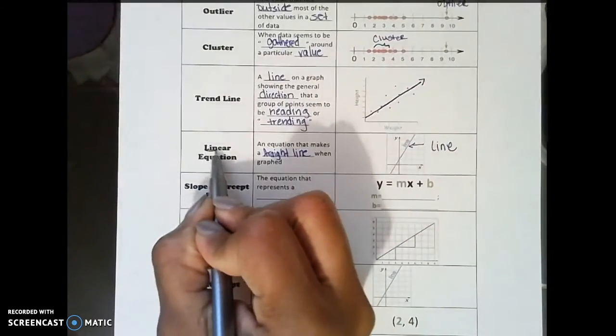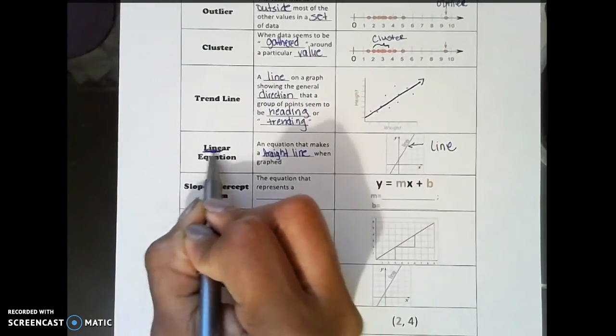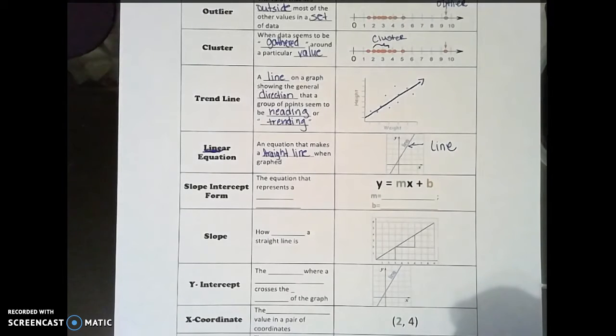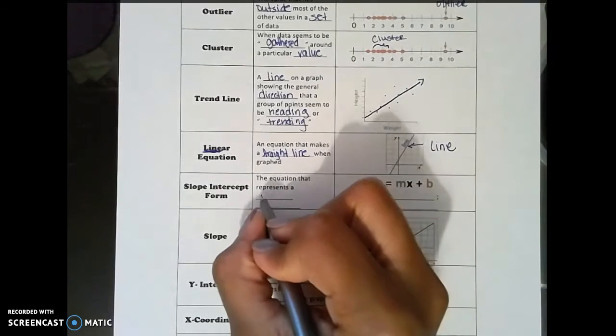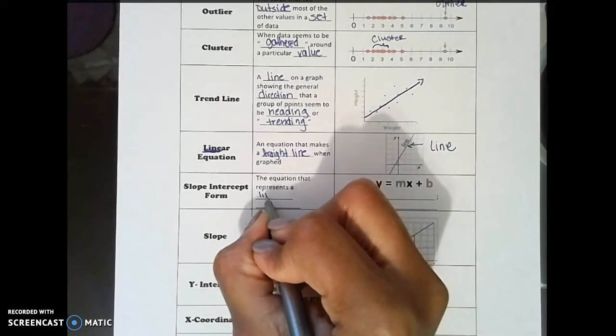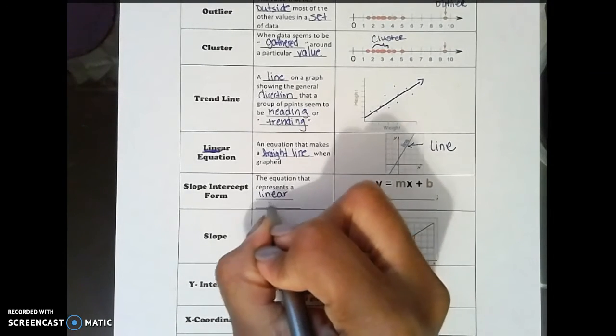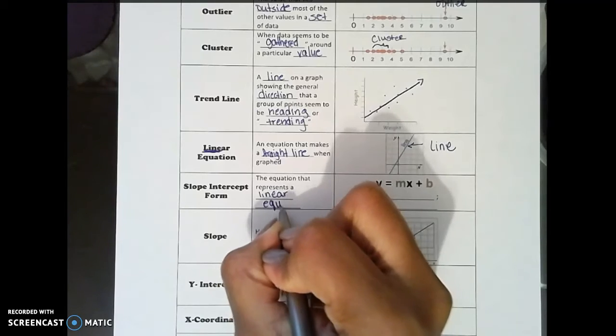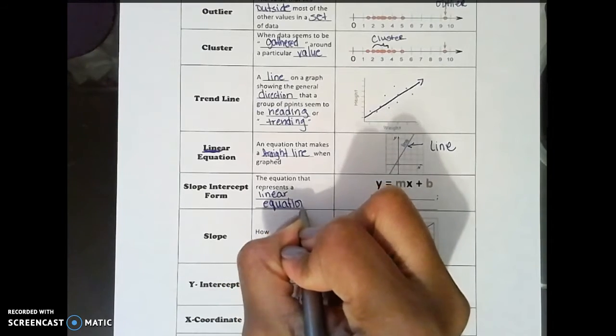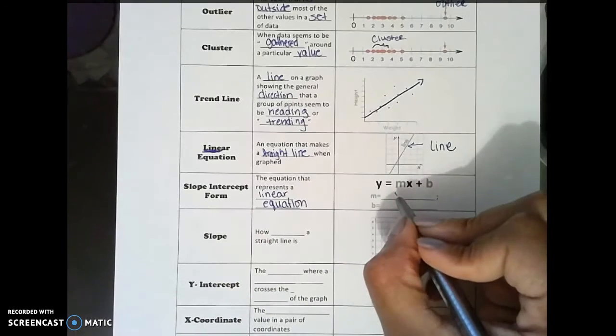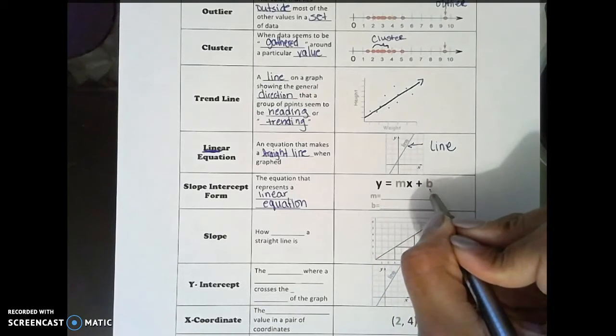Linear, the root word of that is line, so that's another way you can remember that. Okay, slope-intercept form is the equation that represents a linear equation. That form is y equals mx plus b.